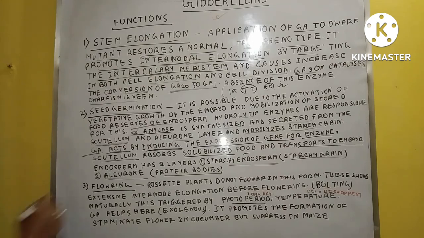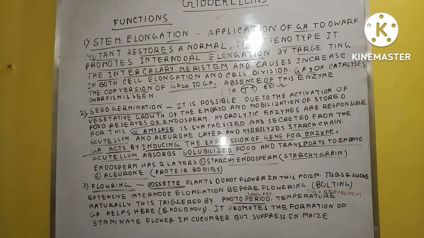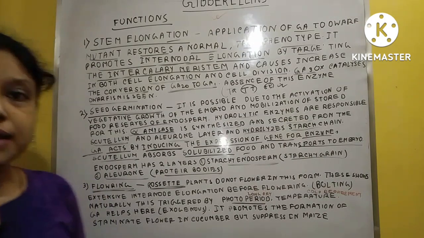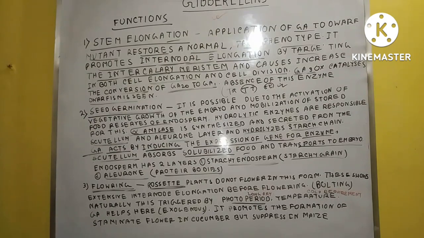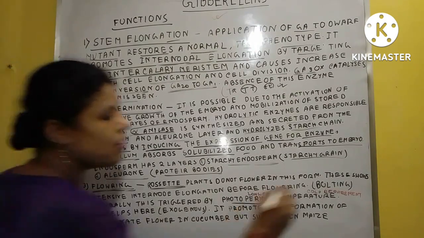And the next one is flowering, or the sex determination of the flowering. In some plants, which are called rosette plants, examples are spinach and cabbage, you can say they haven't any flower. Why? Because there is a process called bolting.